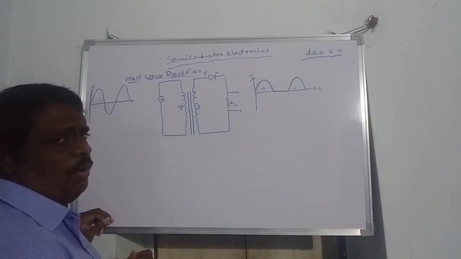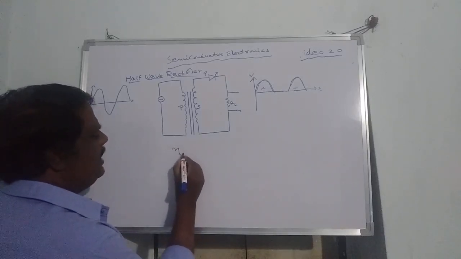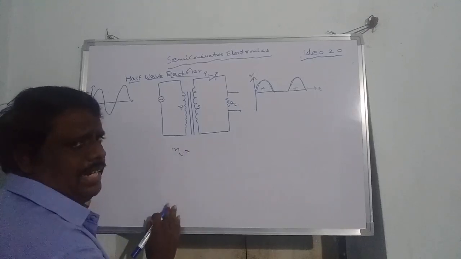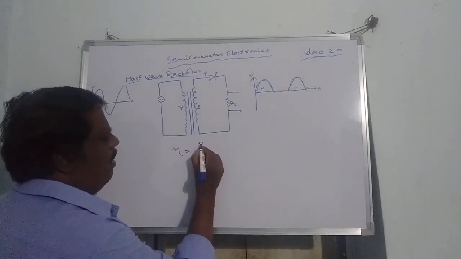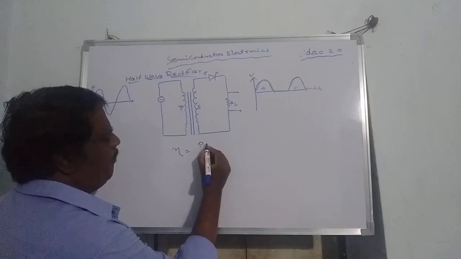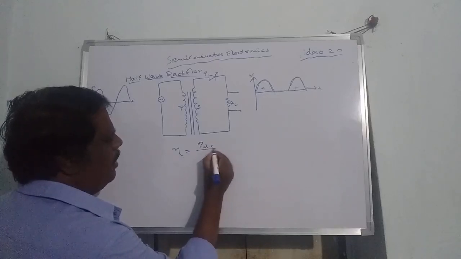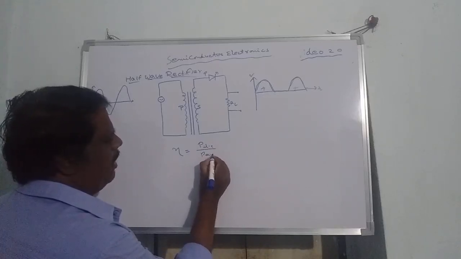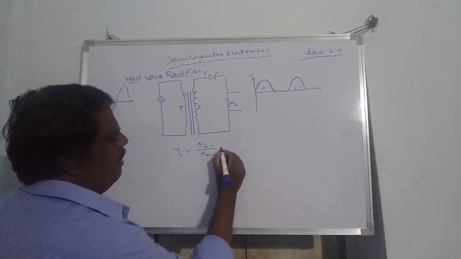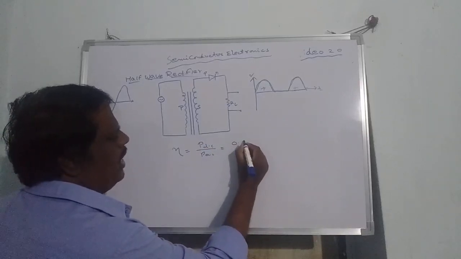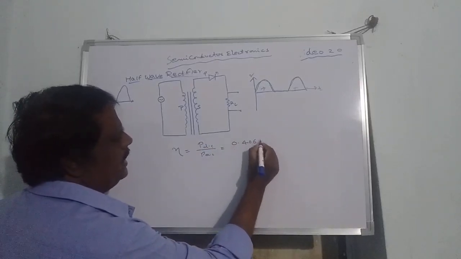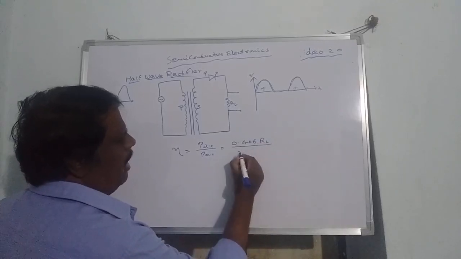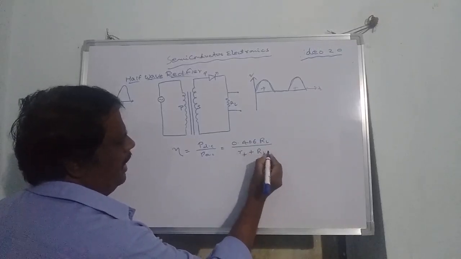Okay, how do you calculate the efficiency eta of this rectifier? The formula is DC power output to AC power input. So what is the value? 0.406 RL by RF plus RL.